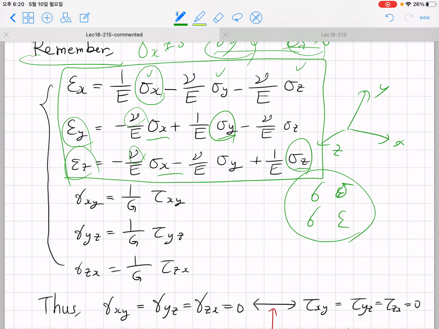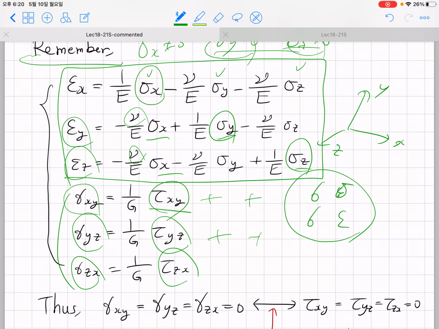But what you have found here is that gamma xy and tau xy, gamma yz and tau yz, gamma zx and tau zx, are only connected to each other and they don't have any crosstalk, right? So tau yz and tau zx do not affect gamma xy.